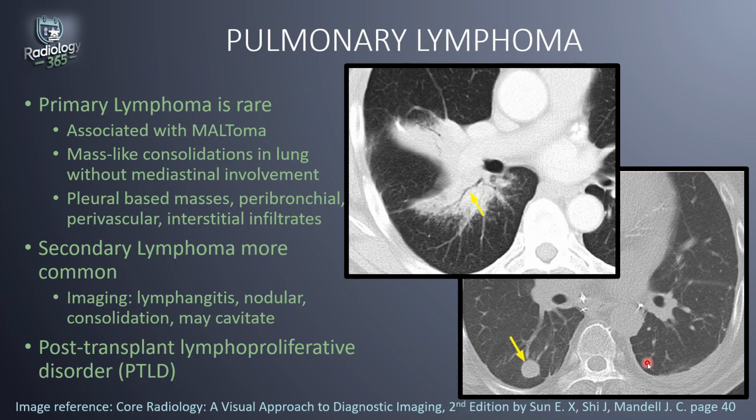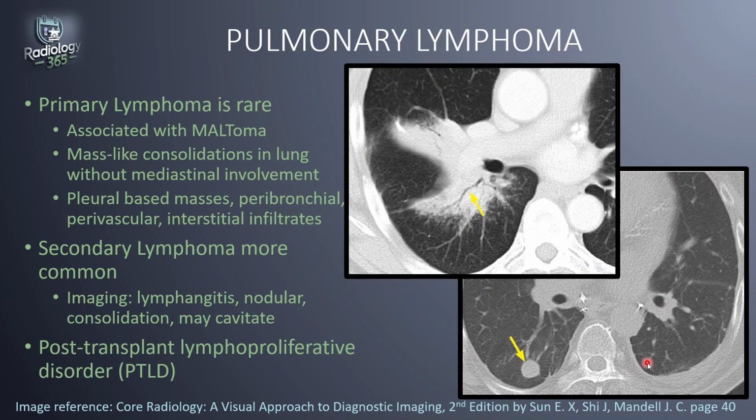Then secondary pulmonary lymphoma is relatively more common than primary pulmonary lymphoma, and it includes manifestations of both Hodgkin's and non-Hodgkin's lymphoma. The CT imaging features include lymphangitis, nodular or consolidative pattern. With Hodgkin's disease, you would see parenchymal involvement with lymphadenopathy as contiguous spread of the disease, and it may also cavitate.